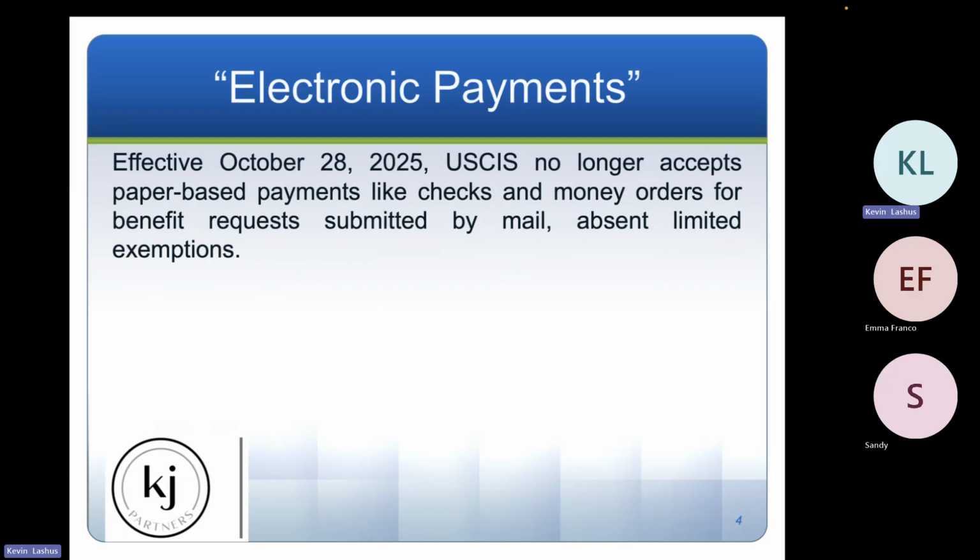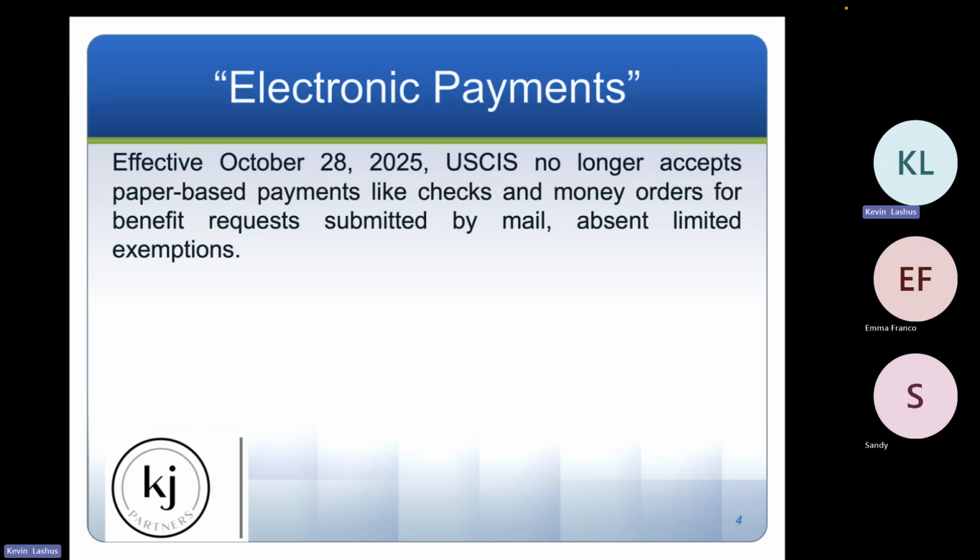Now, USCIS has announced that they are no longer accepting paper-based checks or money orders for any benefits requested via the mail.